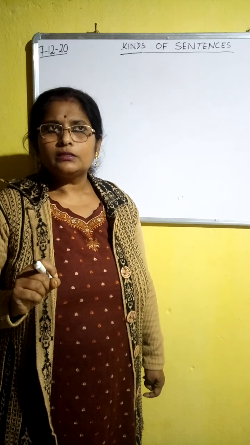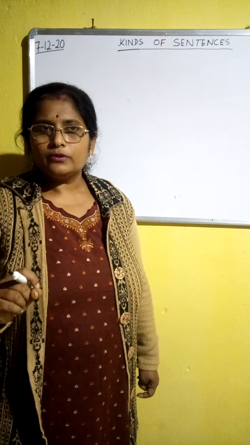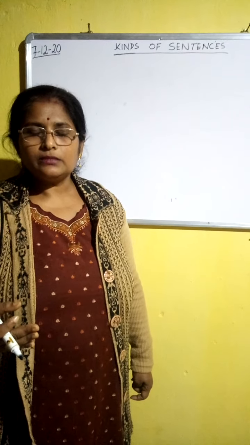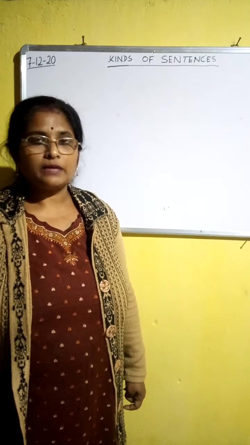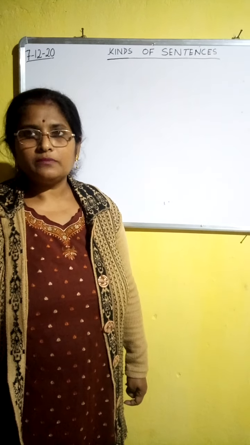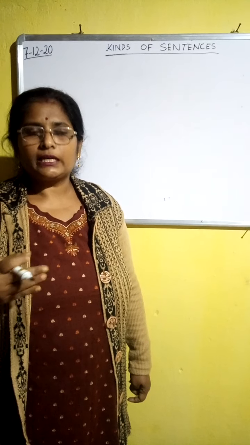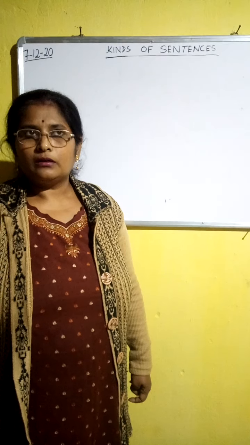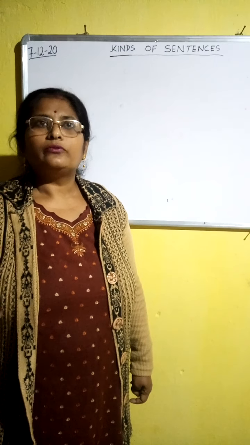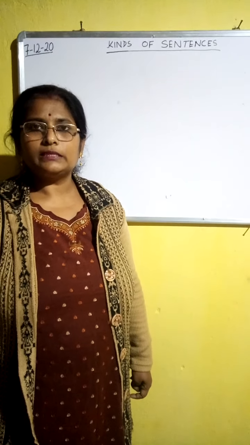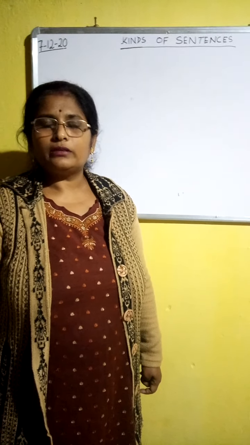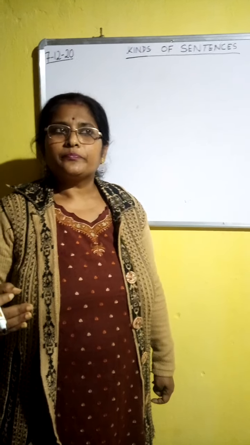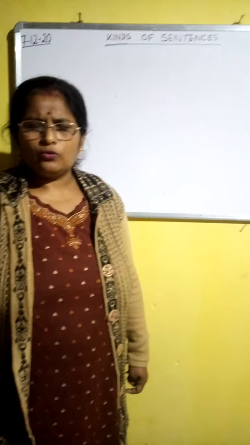So, in our day-to-day life, we communicate with others, and when we communicate, we say different types of things, different types of sentences. We express our feelings. Suppose we are giving orders, requesting something from others, stating our feelings, or expressing our sorrows.